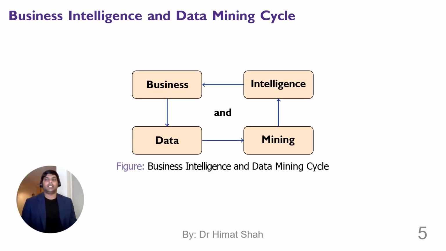In this slide, we will discuss the business intelligence and data mining cycle. We have four different steps in business intelligence. First of all, we have a business, which is the main pillar, the company that produces the data. Once it generates the data, we saw how a business generates the data.